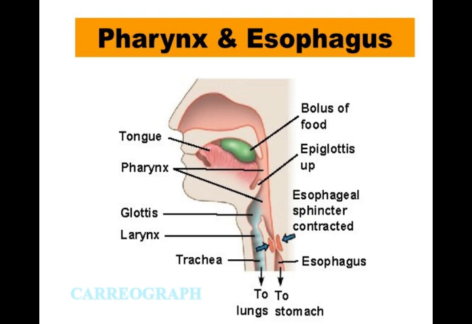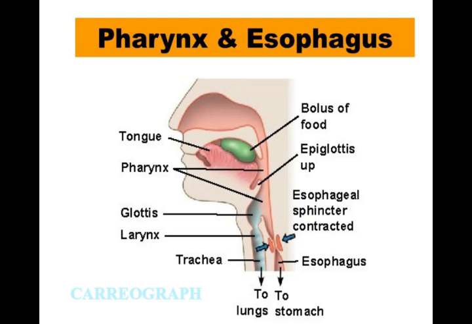This rhythmic wave, as we have seen earlier, is called peristalsis, and this peristalsis movement takes place in the esophagus. The length of the esophagus is about 8 inches in adults, and it acts as a passageway from the pharynx to the stomach.